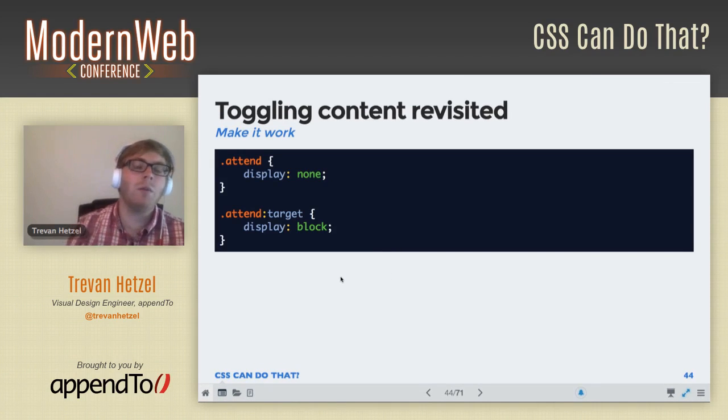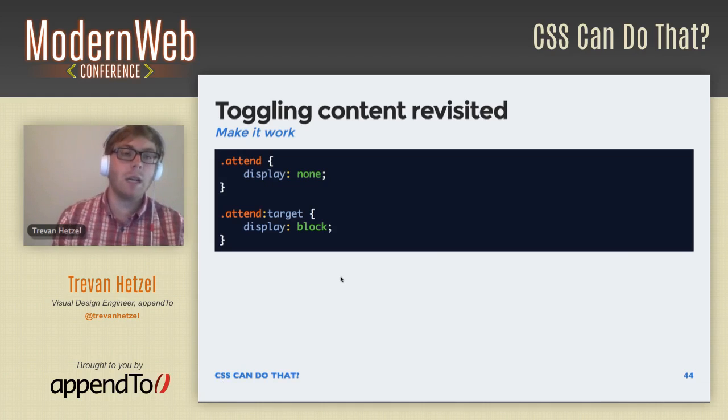To actually make it work, here's what we're going to do. We're going to set the content to display none, and then we're going to set attend, which is the content, to its target state. So when its ID is equal to the URL hash, we're going to set it to display block.